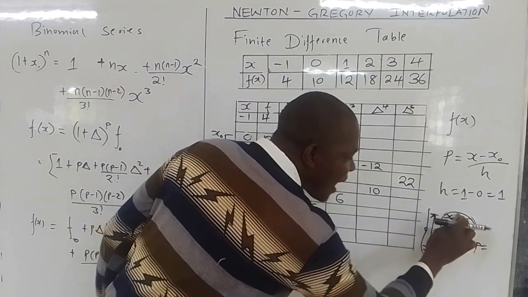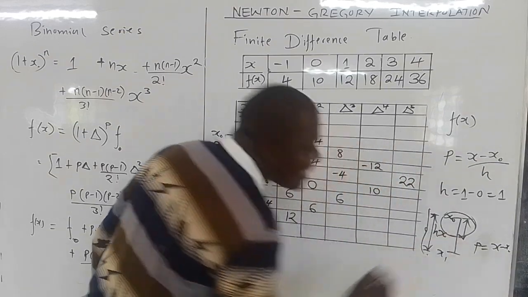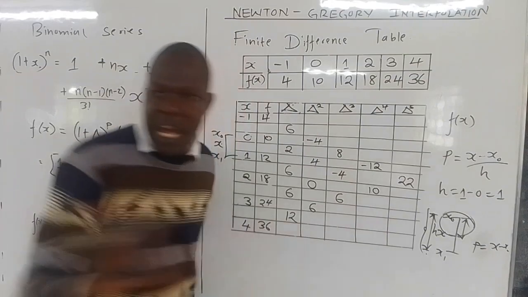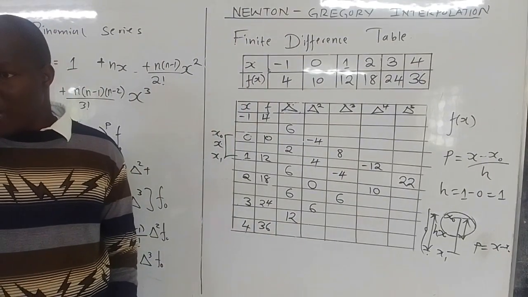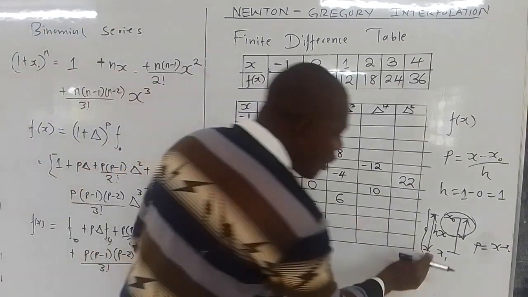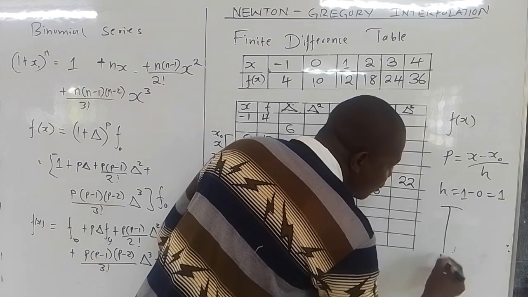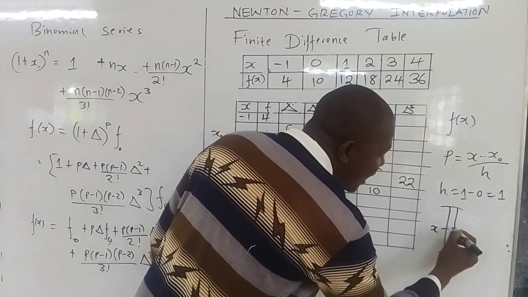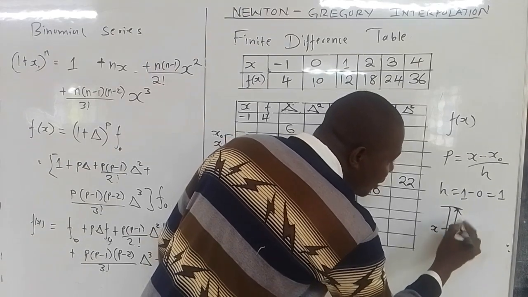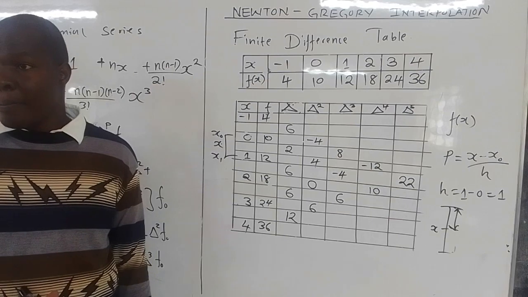This length is x minus x naught, and the whole length is the whole interval h. The whole interval you are evaluating is from there to there. But if you are looking for x from this point, you are just looking for this interval over the whole interval.